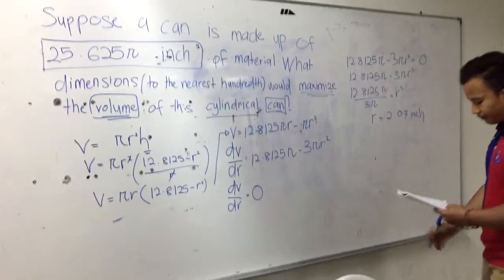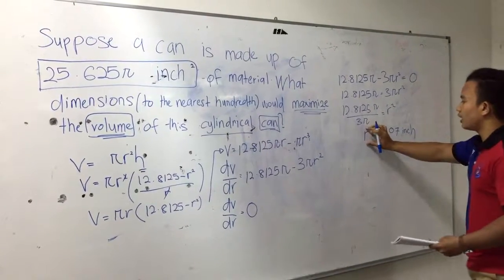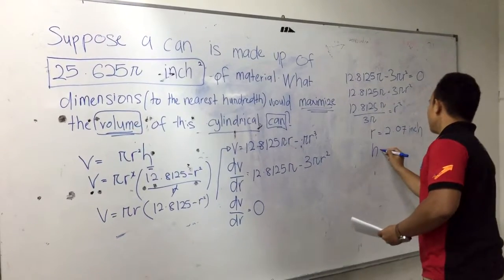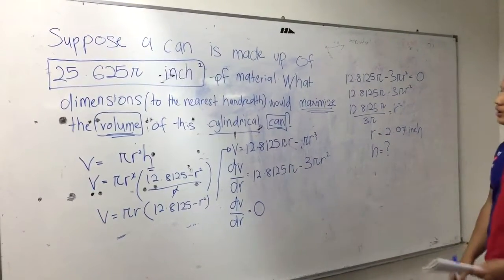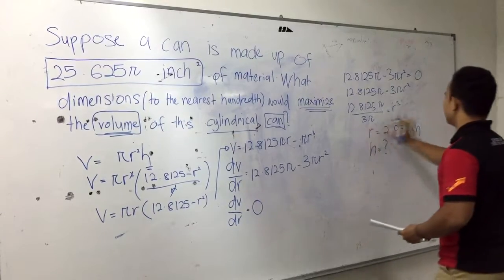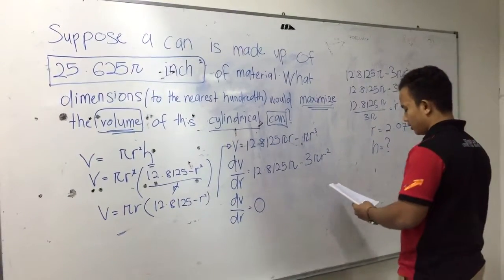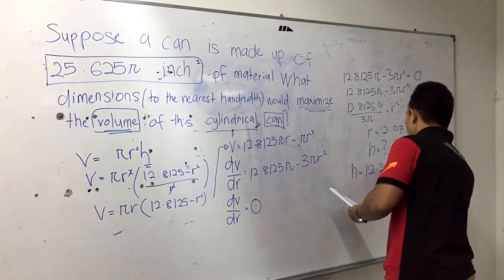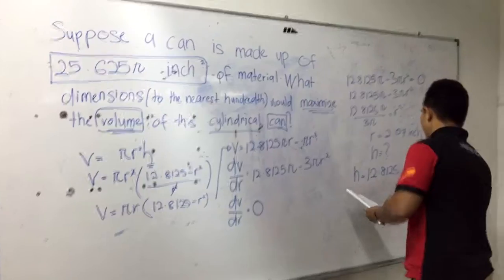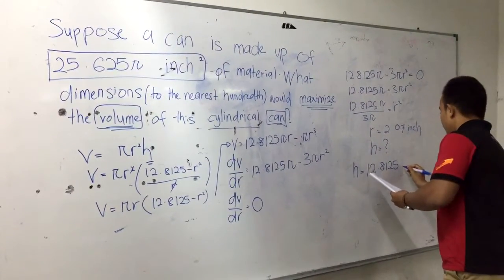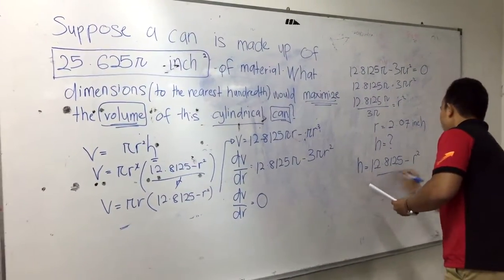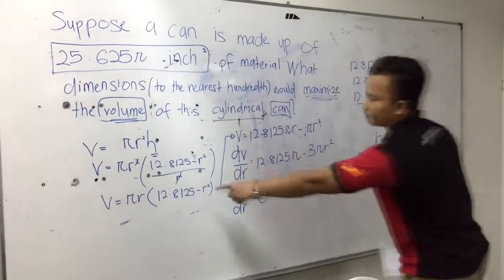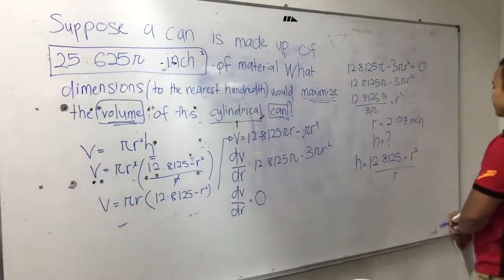Yes. Okay, good. So now we have the value for r. When we want to know the value of h, we just put this value into the equation. h equals 12.8125 minus r squared over r, from the previous equation.